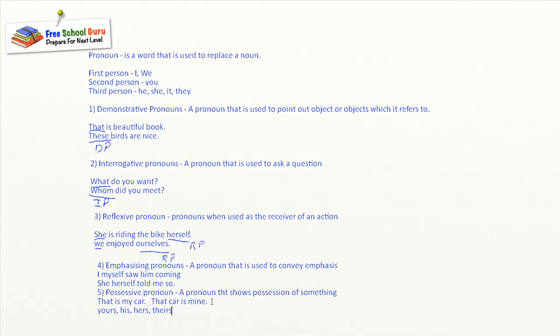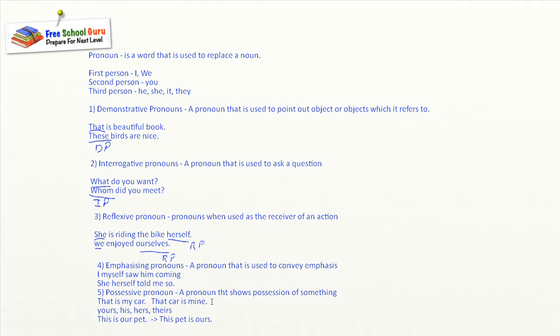So if I say this pet, this is our pet. Now if I were to convert this into a sentence using a possessive pronoun, I would say this pet is ours. So ours becomes a possessive pronoun.